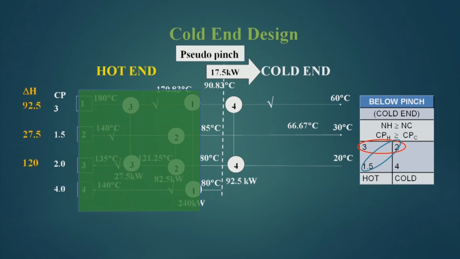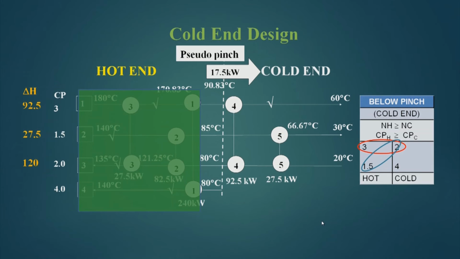So, this comes down from 90.83 minus 60 into 3, which is almost equal to 92.5 kilowatt. So, this stream is ticked off.